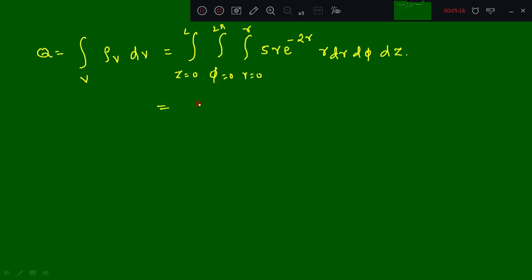So in this z and phi you can integrate directly. So this will become directly integration of dz is into L, and integration of d phi is 2 pi you will get. Then the integration remaining is r equal to 0 to r, r square e raised to minus 2r into dr. So this you can solve using UV rule.